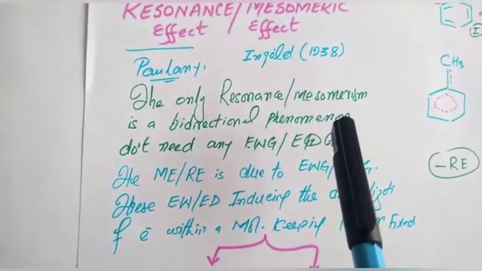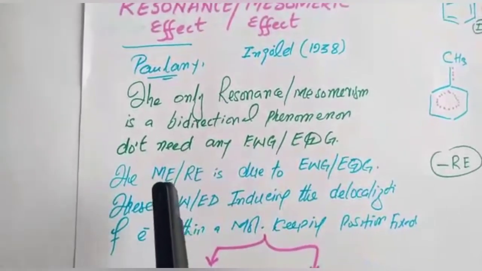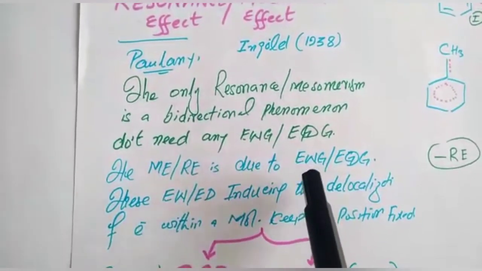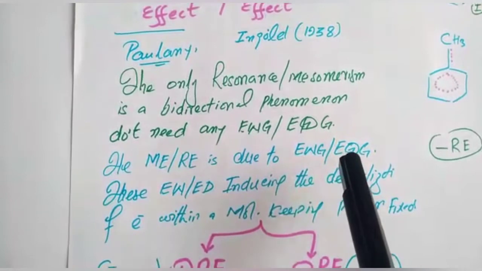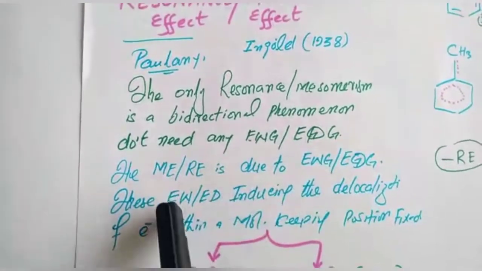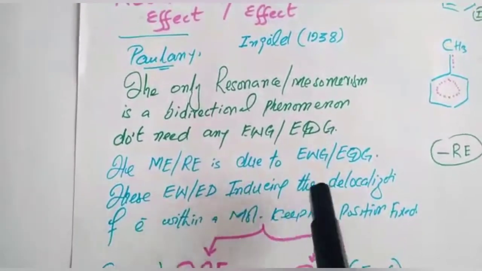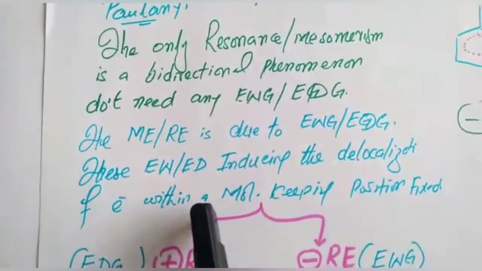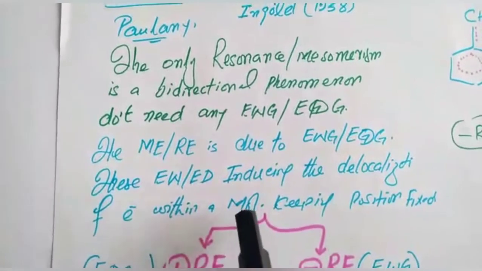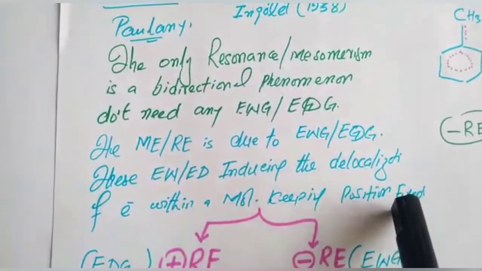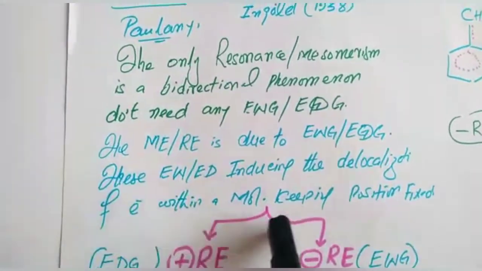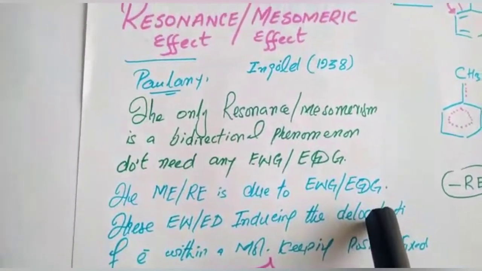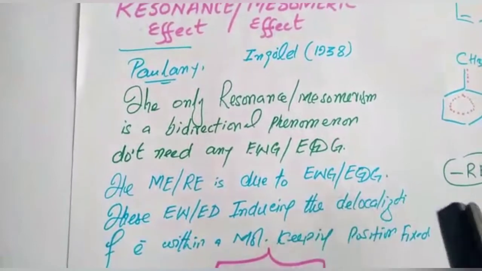But the mesomeric or resonance effect is due to electron withdrawing or electron donating groups, and these groups induce the delocalization of pi electrons within a molecule, keeping the position of atoms fixed. Now this induced resonance is known as resonance effect or mesomeric effect.